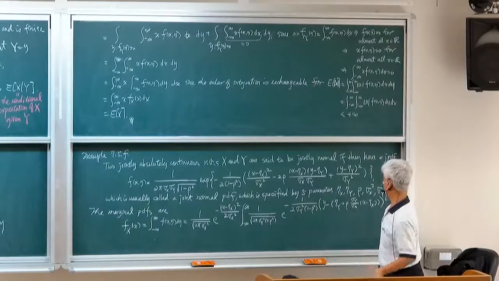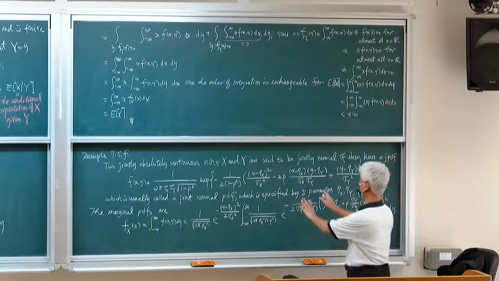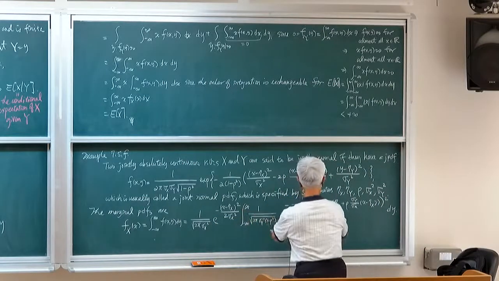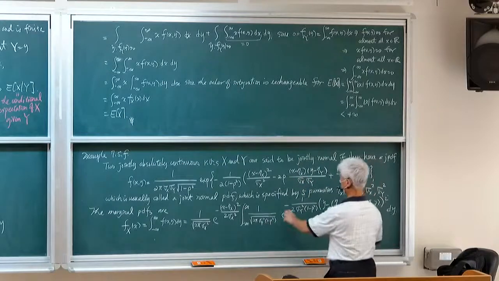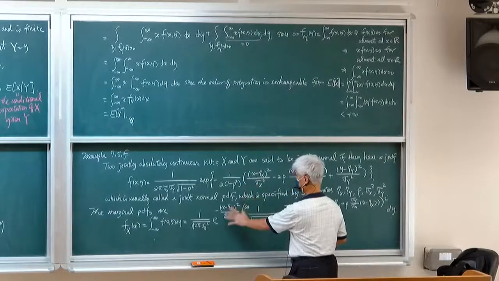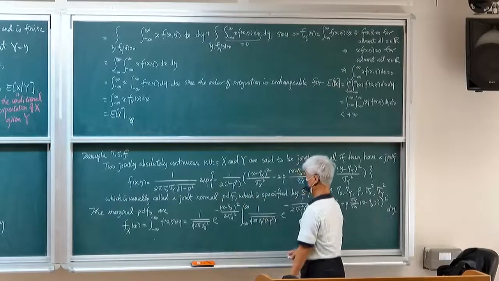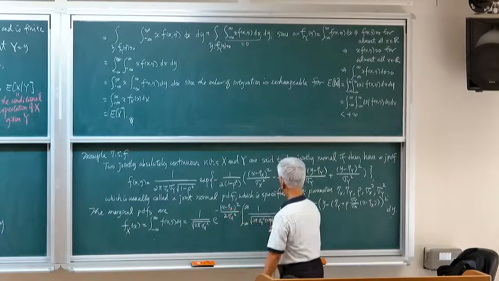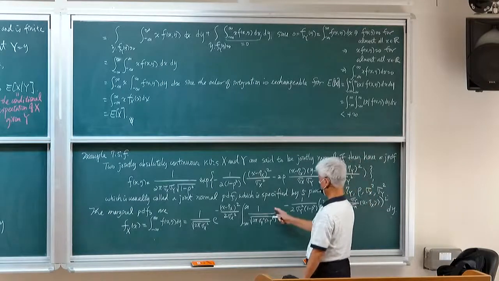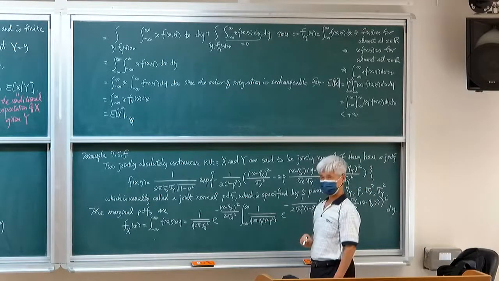So you have to split, because we integrate over dy, right? So some part of that can be moved out. In here you can see that it's a normal PDF, right?